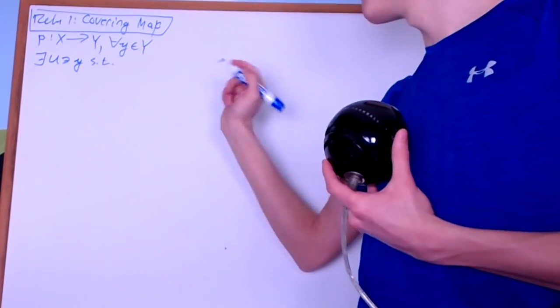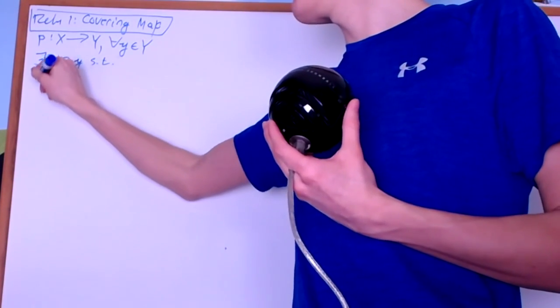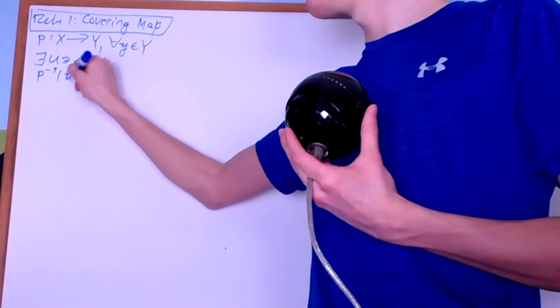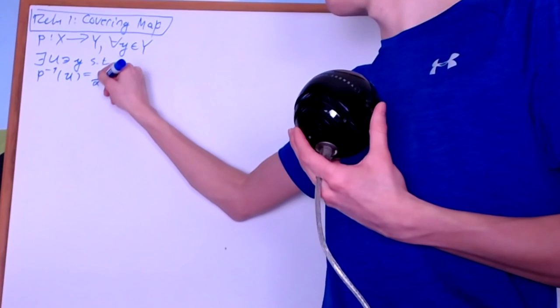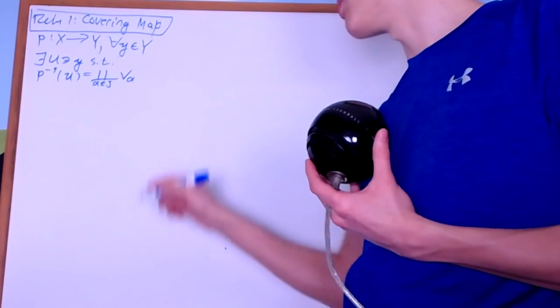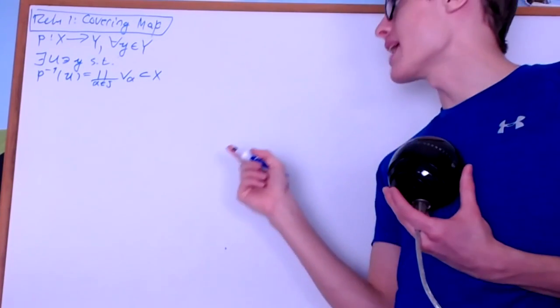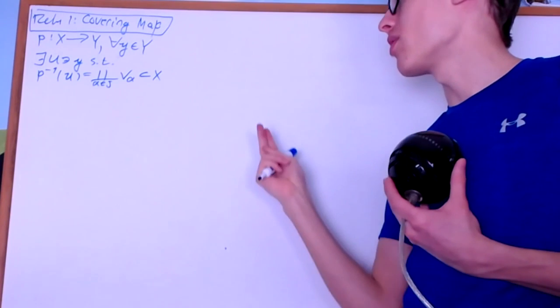And the way we write this out is P inverse of U is equal to a disjoint union for alpha in J of open sets V alpha. So these are all open sets of X, and this is a disjoint union of all of those.